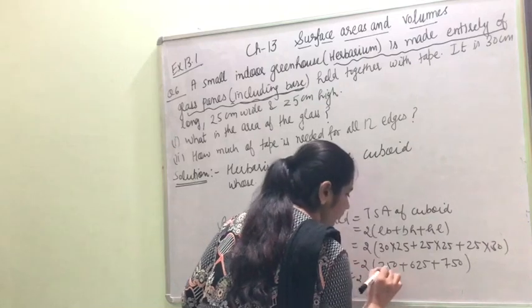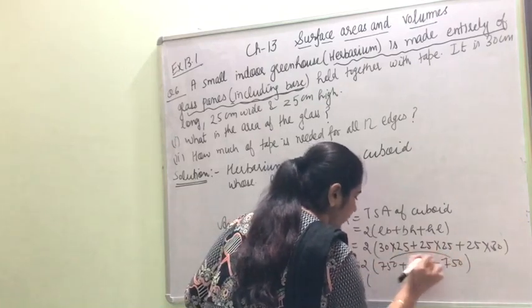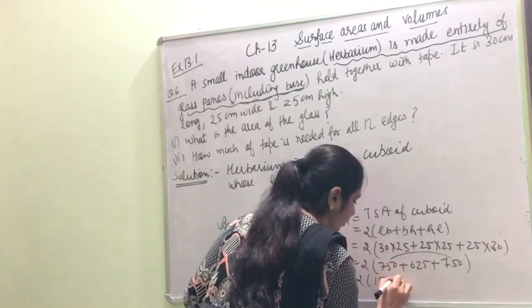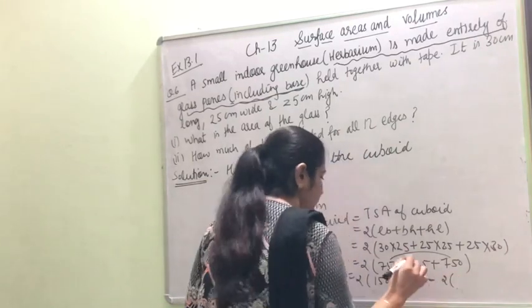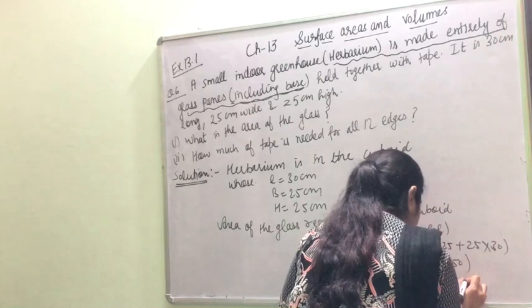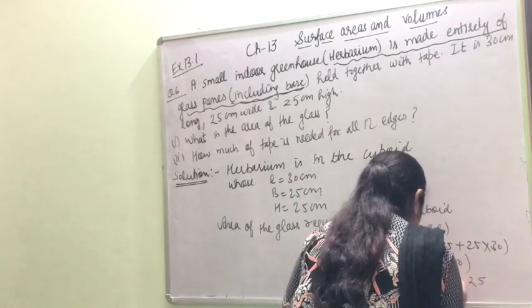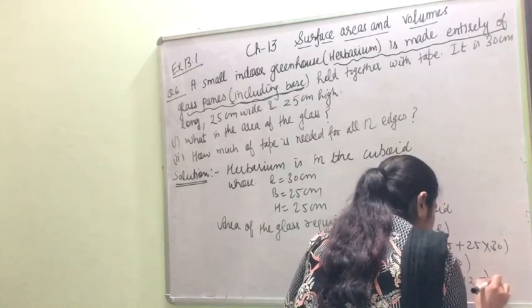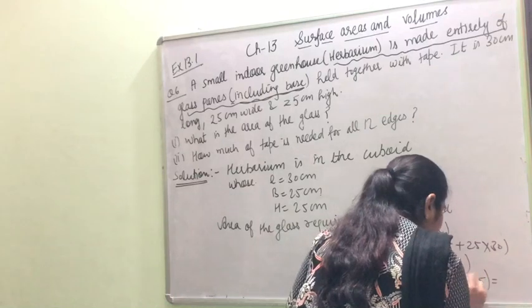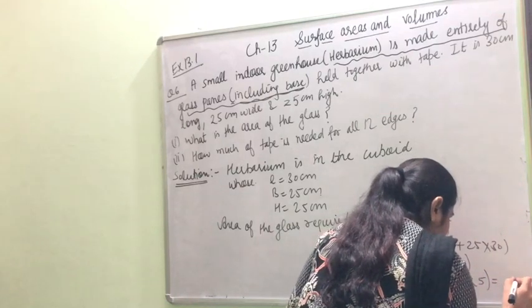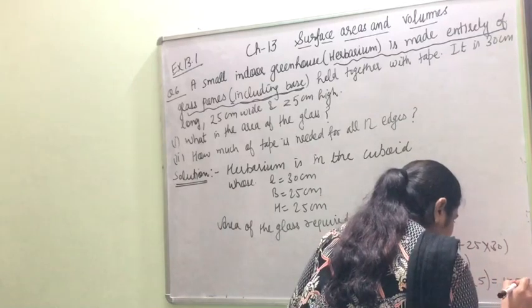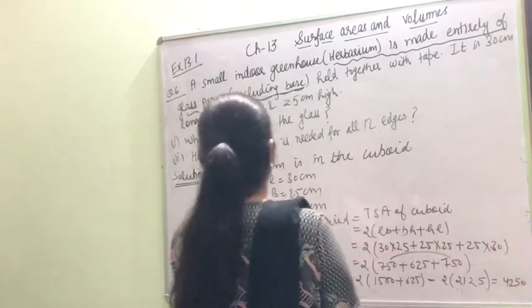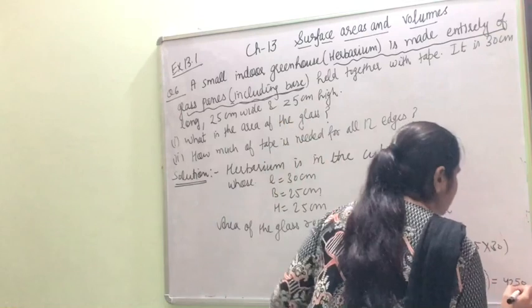Now 750 and 750, 1500 plus 625 is equal to 2125. 2125 multiplied by 2 will give us 4250. Unit is centimeter square.